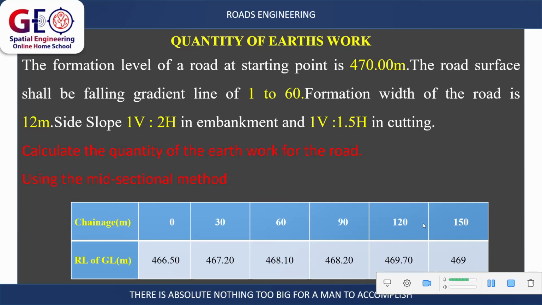The formation width of the road is 12 meters. The side slope for embankment is 1:2, and for cutting is 1:1.5. And the different heights of the natural ground, the GL, have been given at the different chainage points.